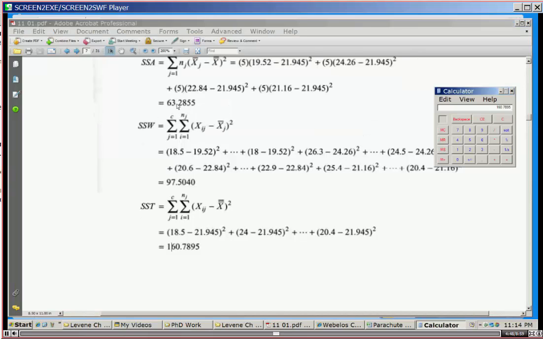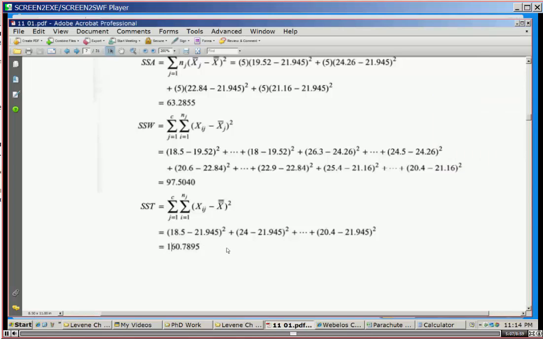Okay, 63.2855 plus 97.5040. Just to illustrate, this is an acceptable operation in statistics.